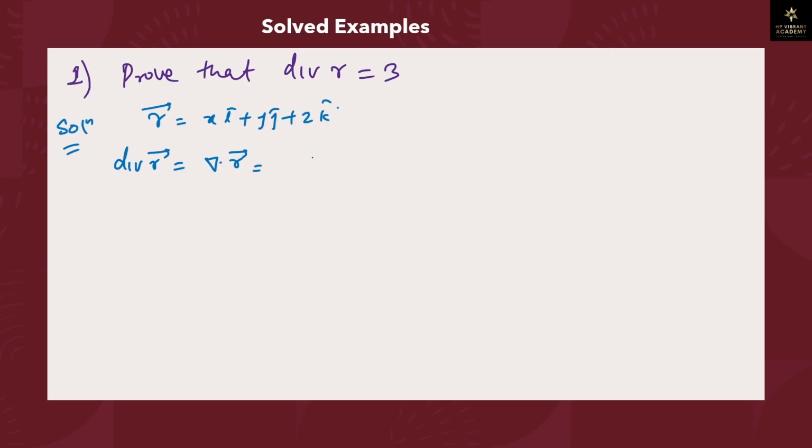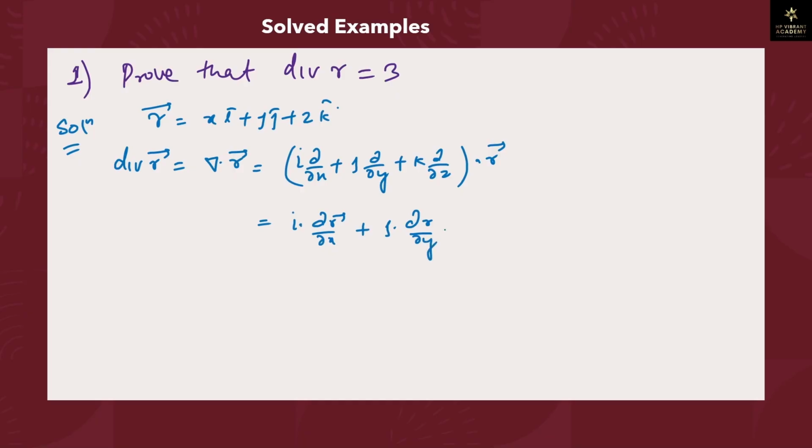So this we can write as the del operator as i del upon del x plus j del upon del y plus k del upon del z dot product with R vector. Okay, so we have this as i dot del r upon del x plus j dot del r upon del y plus k dot del r upon del z.